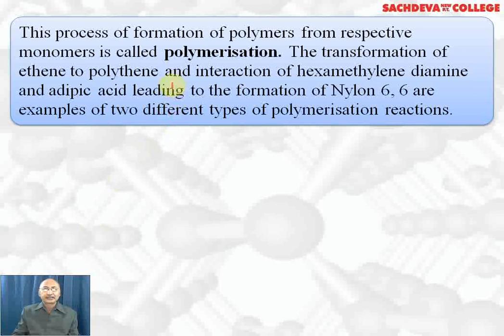The first one, formation of polythene, involves addition polymerization, whereas formation of nylon 6,6 involves condensation polymers. In addition polymers, we use unsaturated monomers, whereas in condensation polymers, we use multifunctional group monomers.